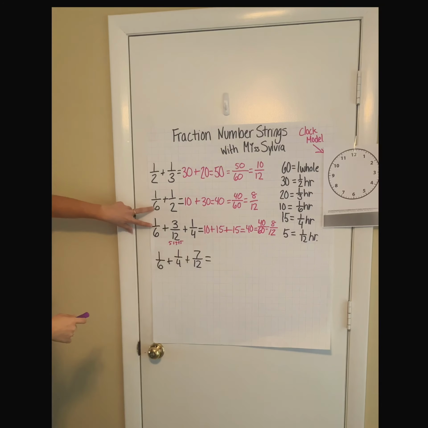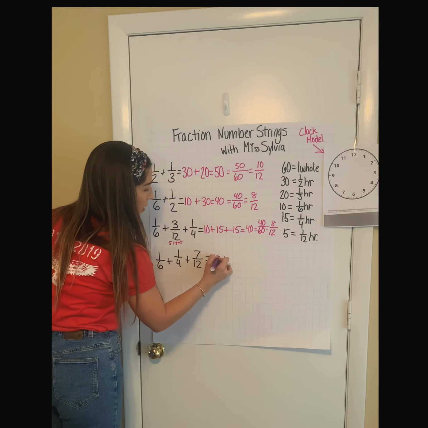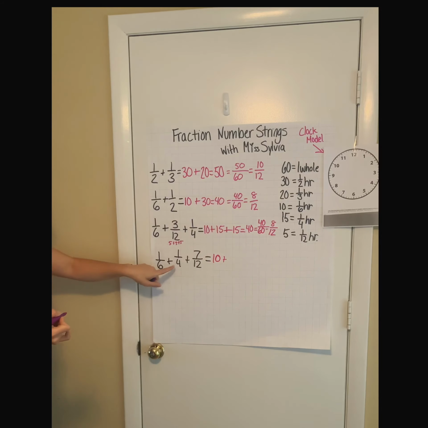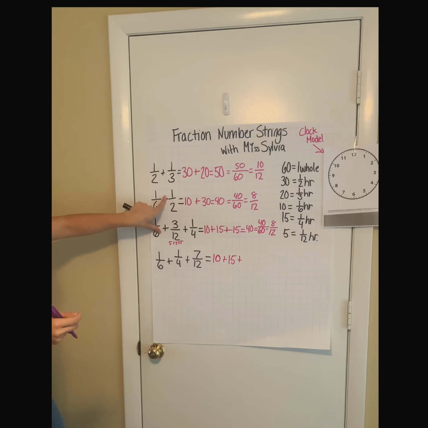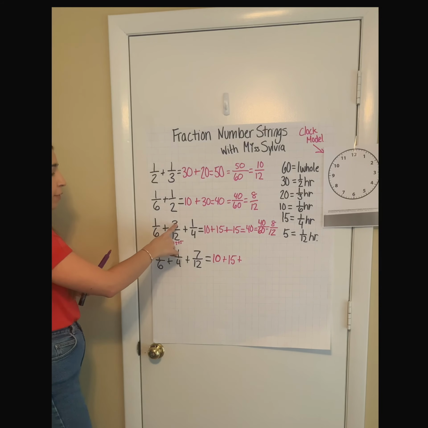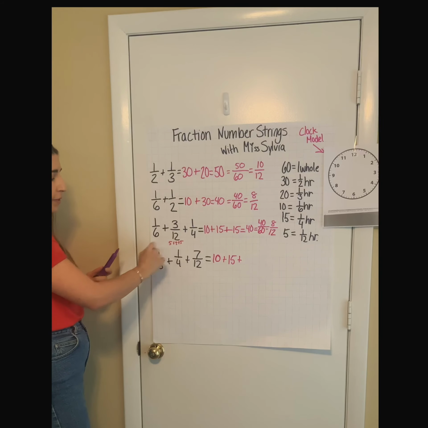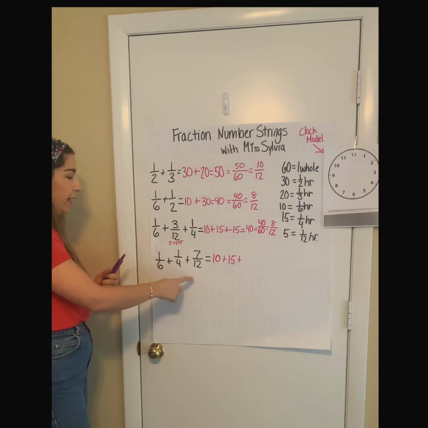And just like our last 2 problems, we know that 1/6 is equivalent to 10 minutes. We also know that 1/4 is equivalent to 15 minutes. We're using these problems up here to help us, using what we already know to help us solve this one. And if 1/12 is equivalent to 5 minutes, 7/12 will be 7 groups of 5.